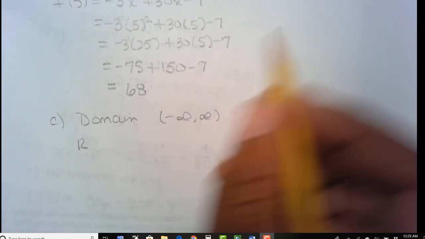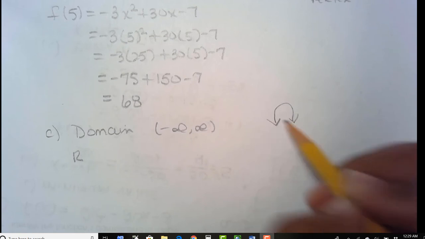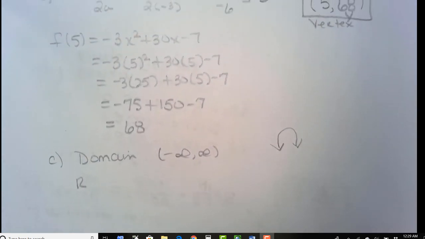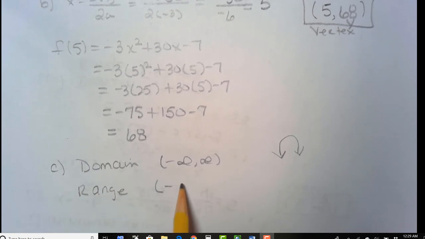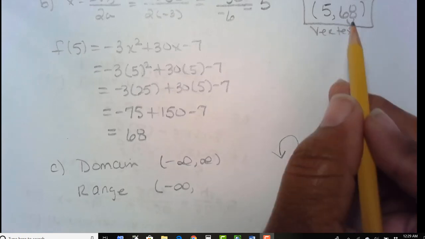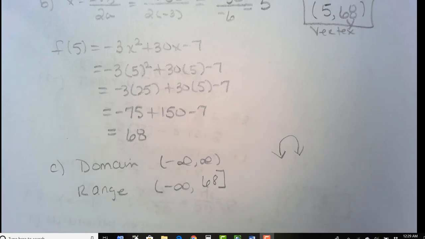But what is your range, since our parabola is opening downward? Negative infinity, comma, look at your y coordinate here, 68. This is where it ends, and we end it with a closed bracket. There we go.